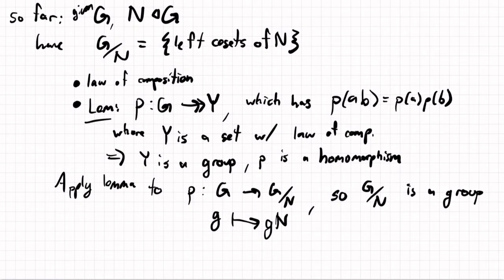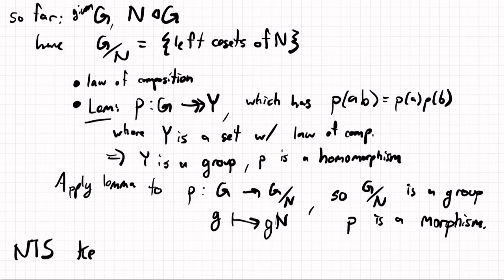That's nice. And we also got that P is a morphism. Reminder, homomorphism, morphism, same thing. So the last thing we need to show is that the kernel of P is exactly N.